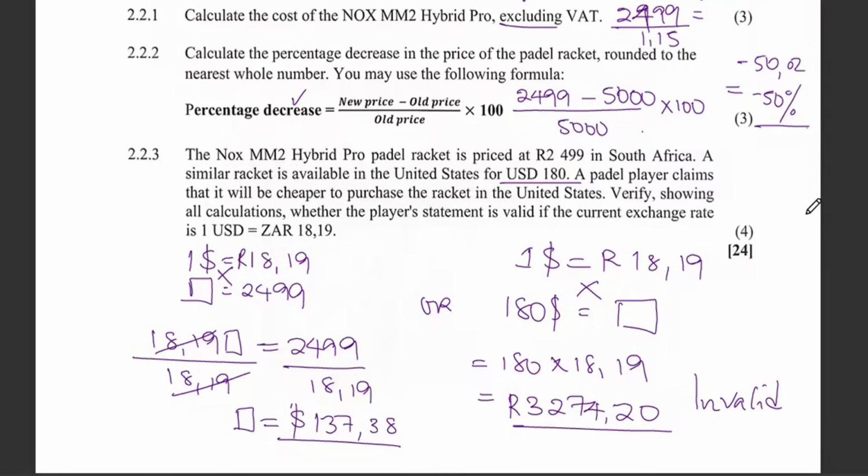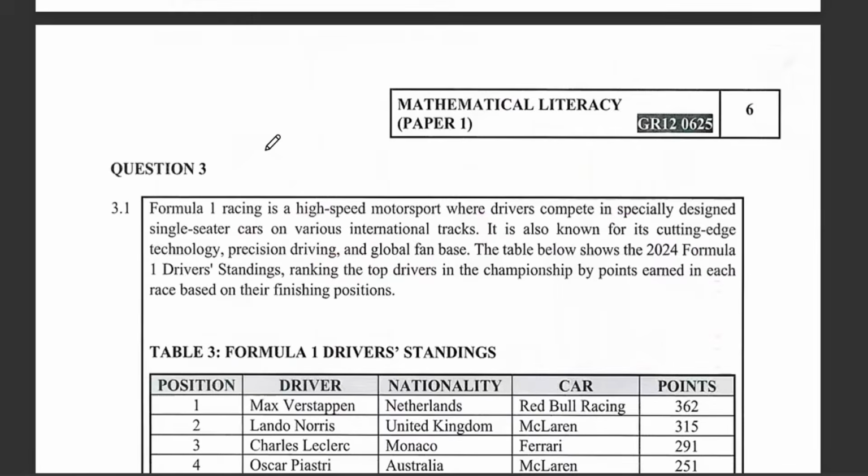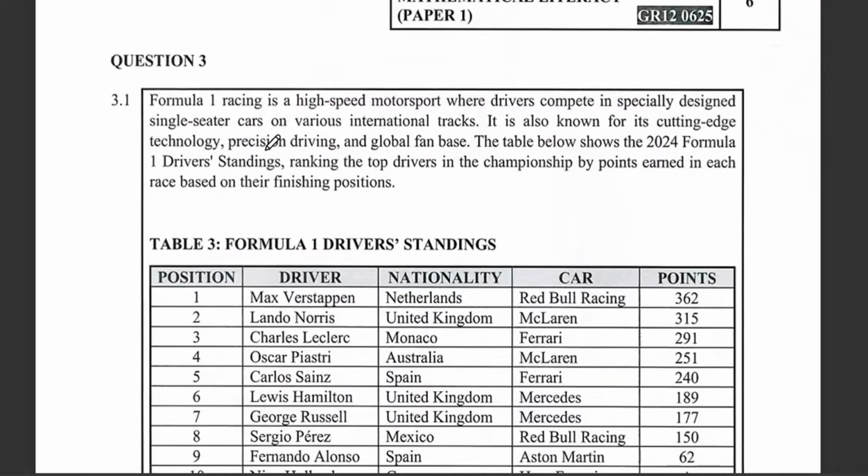All right, this marks the end of the question number 2. So we look at question number 3. Question number 3 talks of Formula 1 racing, the highest speed motorsport where drivers compete in specially designed single-seat cars on various international tracks.